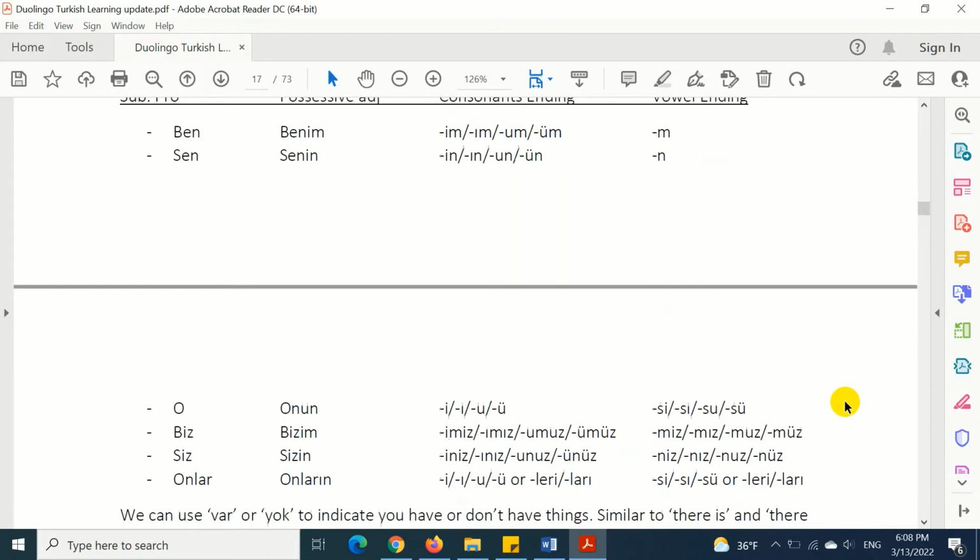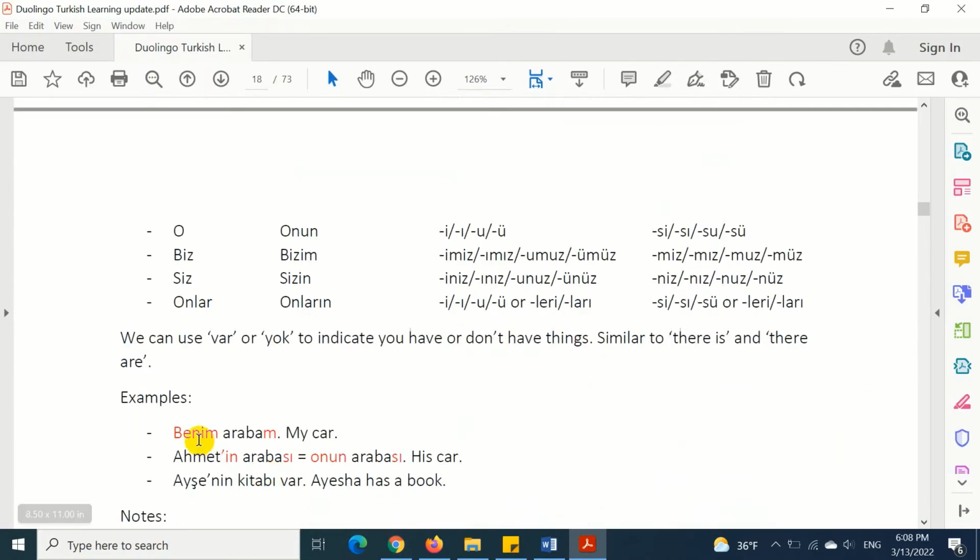So, see, benim arabam, you know benim, the possessive adjective, and araba, car. Here you have used only M, my car, because the noun ends with a vowel letter. A is a vowel letter.